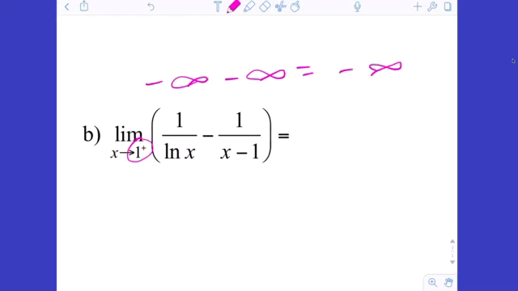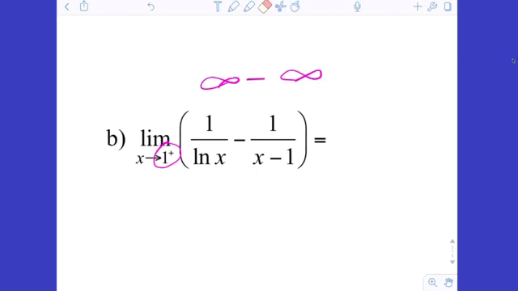That's not indeterminate. That's negative infinity. Or if the second one had been negative, minus a negative means plus. Infinity plus infinity is not indeterminate. It's positive infinity. So it's very important that we knew it was a positive infinity and then minus another positive infinity. That makes it indeterminate.